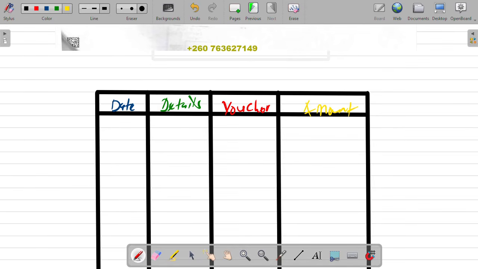We are restoring the imprest, so we want to get back the amount we received at the beginning of the week.